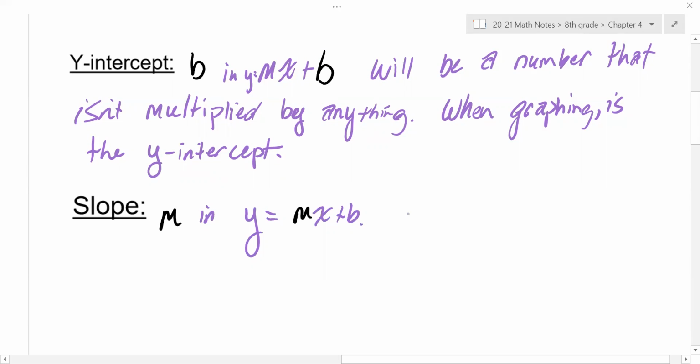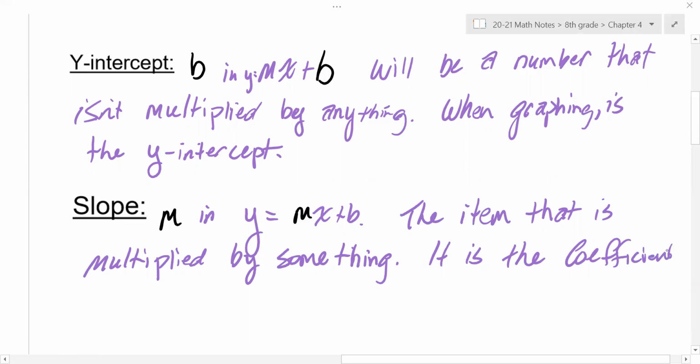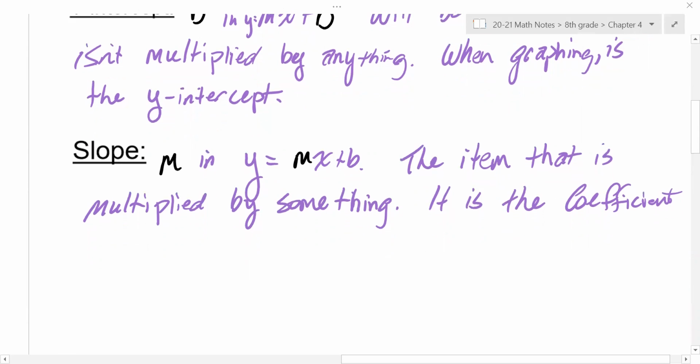And it is the item that is multiplied by something. And I say something because it changes with every question in this. If you guys remember your vocab from last year or early this year, it is the coefficient. The coefficient is the number that is connected to a variable.